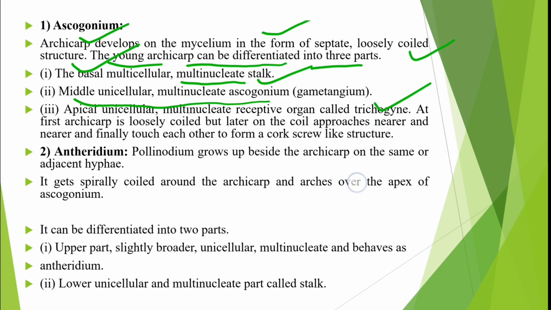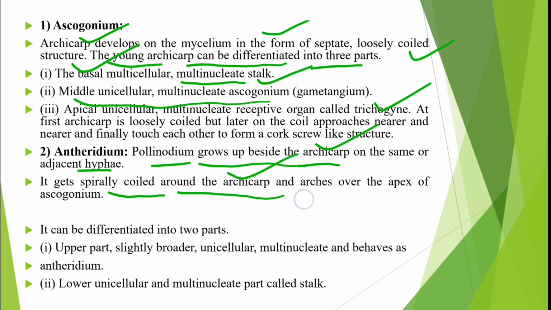The male sex organ is called antheridium. The pollinodium, that means the male branch, grows up beside the archicarp on the same or adjacent hyphae. It gets spirally coiled around the archicarp and arches over the apex of the ascogonium. It can be differentiated into an upper part and a lower stalk.